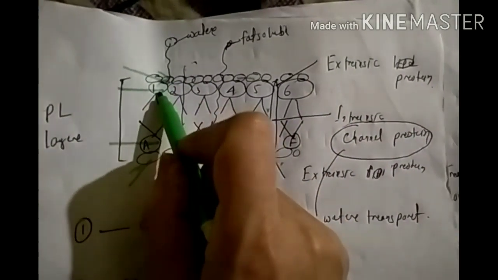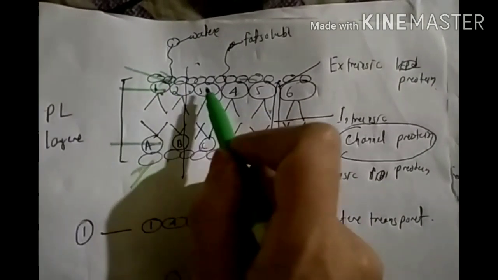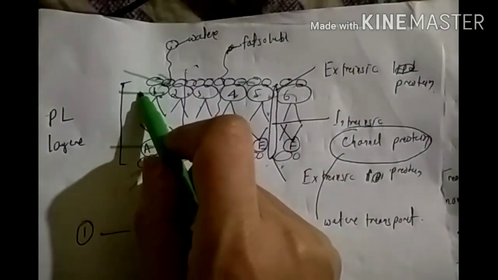I mentioned that phospholipids show two kinds of movement: one is transition movement and one is flip-flop movement. Transition movement means one will move through the same layer this way.